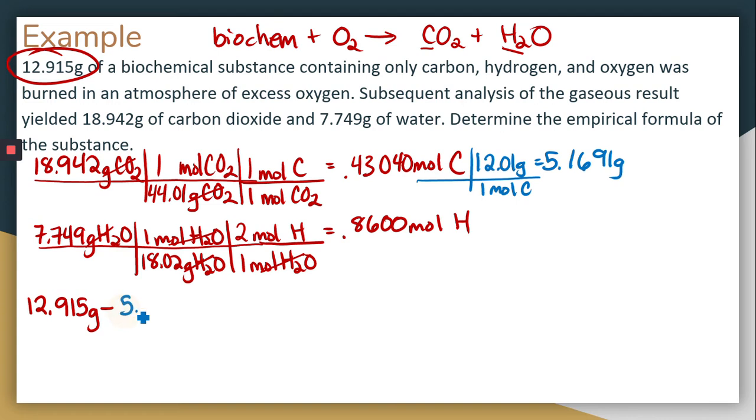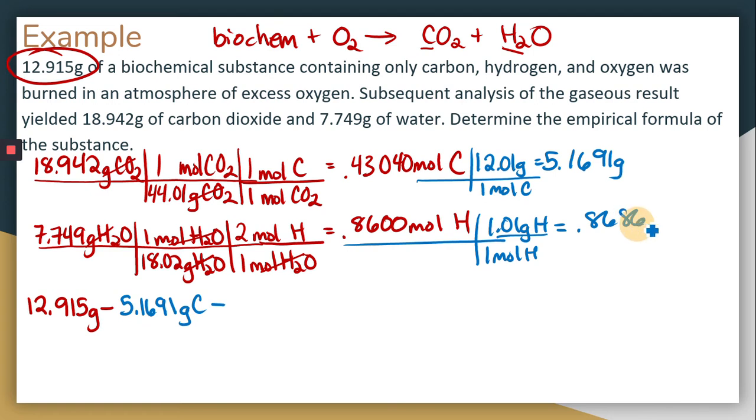So we can subtract that mass of carbon, and then we're going to do the same thing for the hydrogen. So 1 mole of hydrogen, molar mass of hydrogen. Notice that it's not a diatomic because it's in a compound. So we're going to subtract that down here as well.